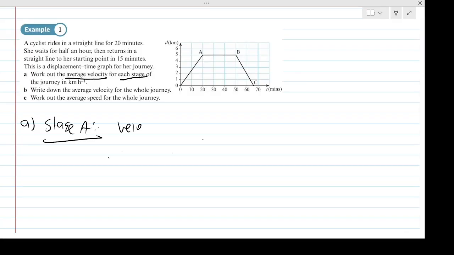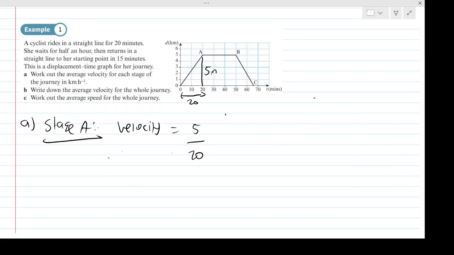The velocity, again, velocity is to do with gradients of this graph. So if we compute the gradient here, the change in displacement, or change in y, if you want to think of it that way, is 5, and then the time is 20. So the velocity is 5 over 20, and it's positive because the line is going up, so the gradient will be positive.